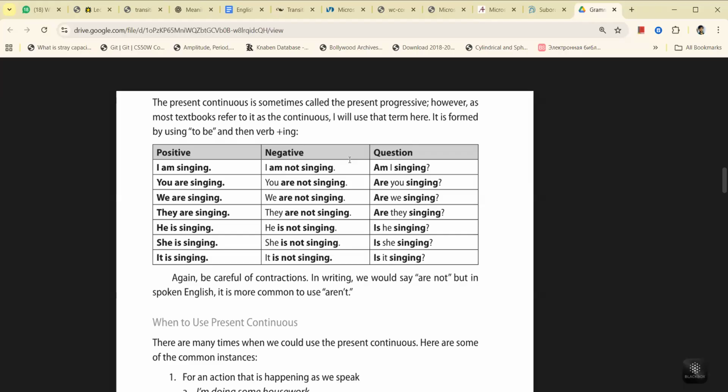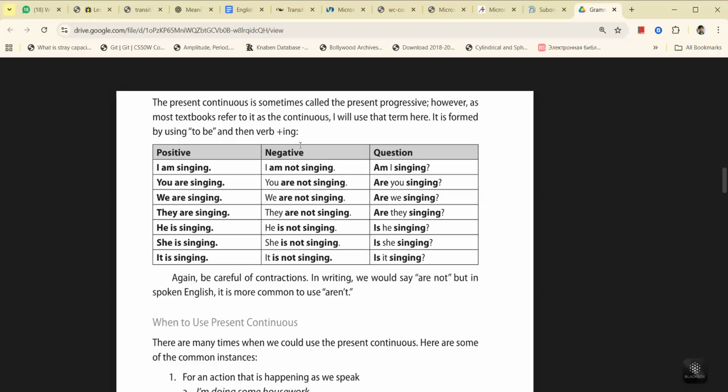I am singing, I'm not singing. Am I singing? You are singing. You are not singing. Are you singing? We are singing. We are not singing. Are they singing?